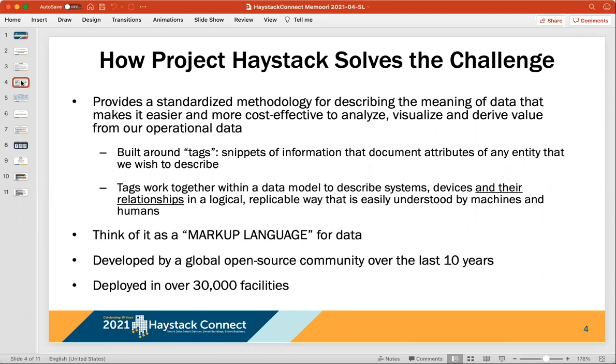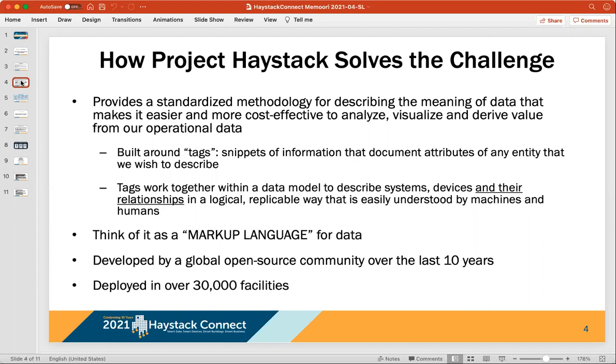We hear the terms open source thrown around a lot. There are companies who develop stuff and make it available as open source, or small groups who solve a problem and make it available as open source. The difference here is that, given the diversity of systems and applications, it has taken a global village of people to address this problem.